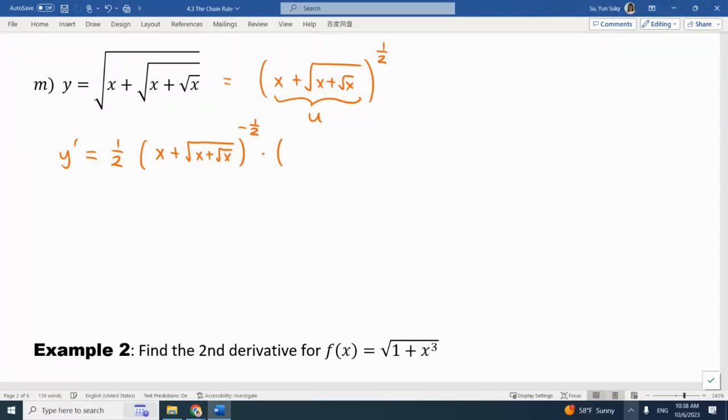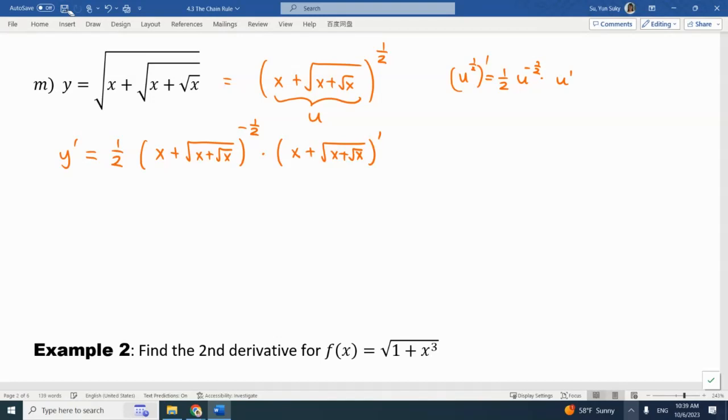Yes. And then times u prime. Is that okay, everybody? All right. So you're doing u to the 1/2 prime is 1/2 u to the negative 1/2 times u prime.